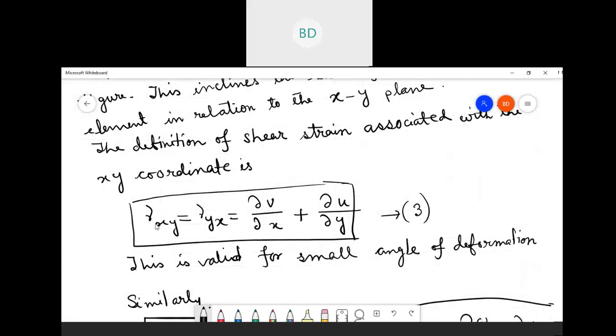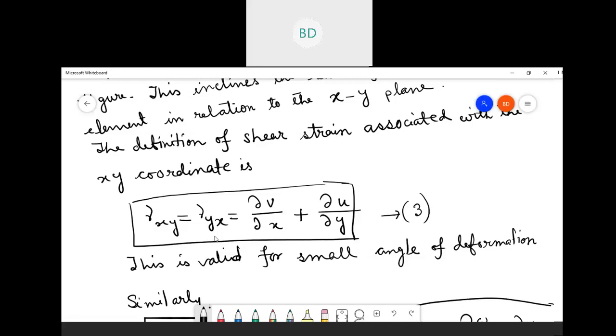Strain here is indicated by gamma. So gamma in the xy plane is equal to gamma in the yx plane. That means the yx face will be your top face and the xy face will be your front face.